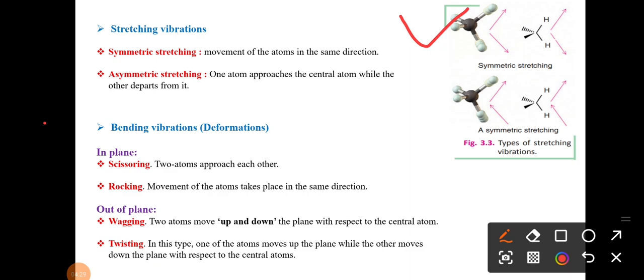In asymmetric, one atom approaches the central atom while the other departs from it. Bending vibrations are also called deformations. Again two types, in-plane and out-of-plane vibrations. Scissoring and rocking are examples of in-plane, and wagging and twisting are examples of out-of-plane vibrations.